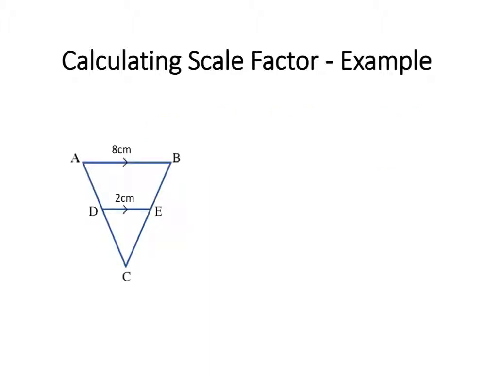In the first example, I want to calculate the scale factor of triangle CDE and triangle CAB. Now, to calculate the scale factor, I need a corresponding side on each triangle that I know the measurement of.